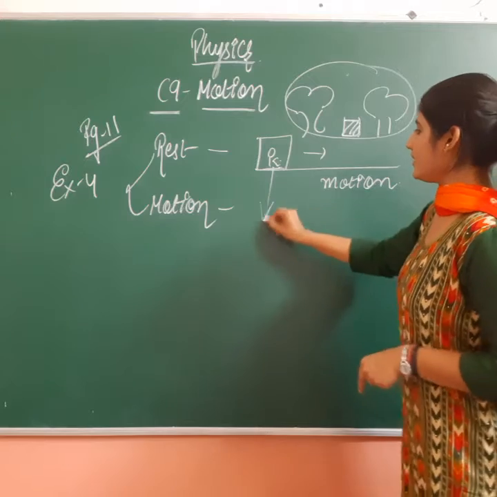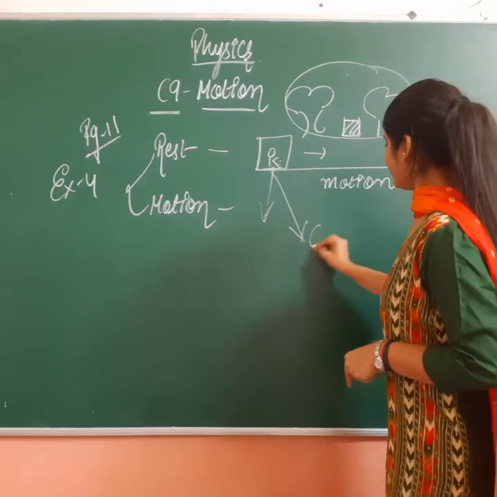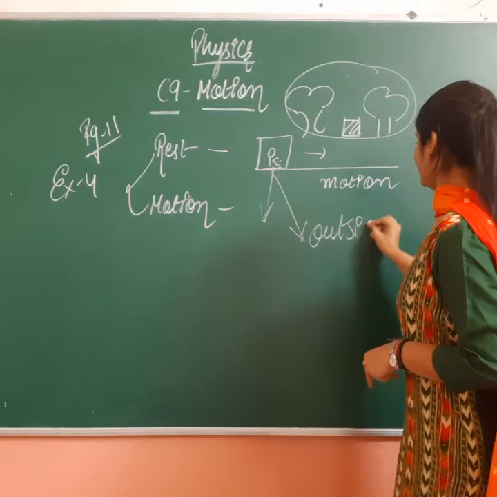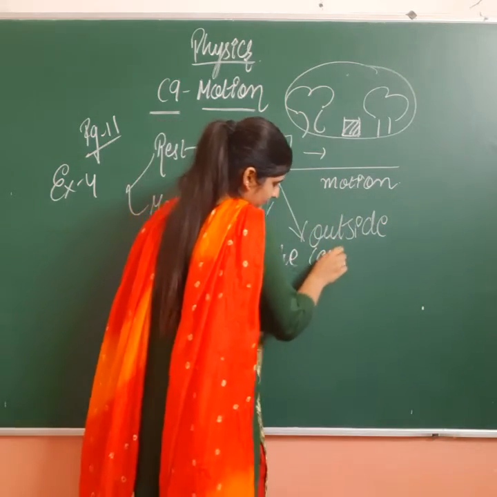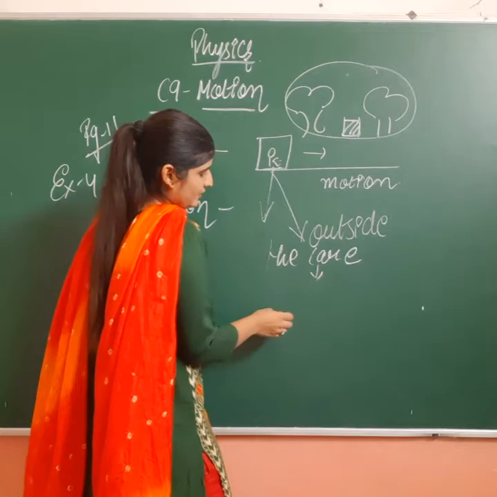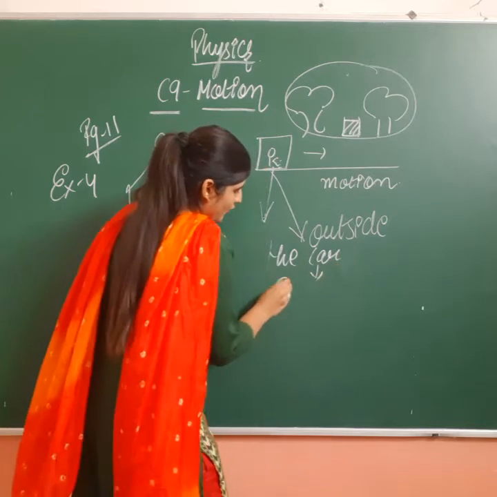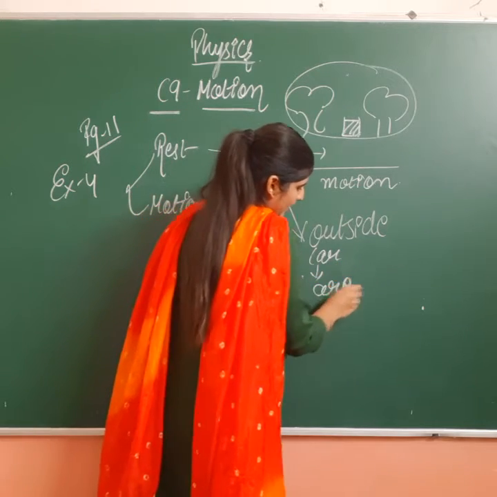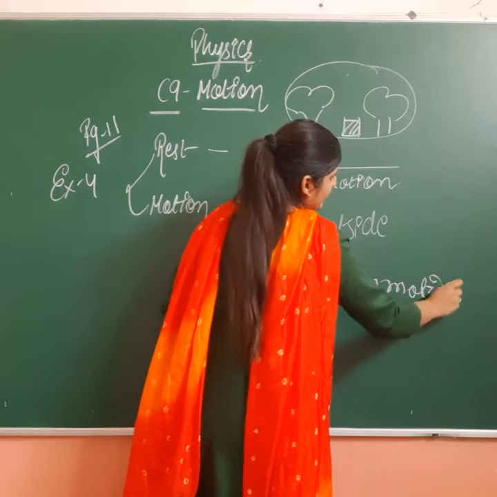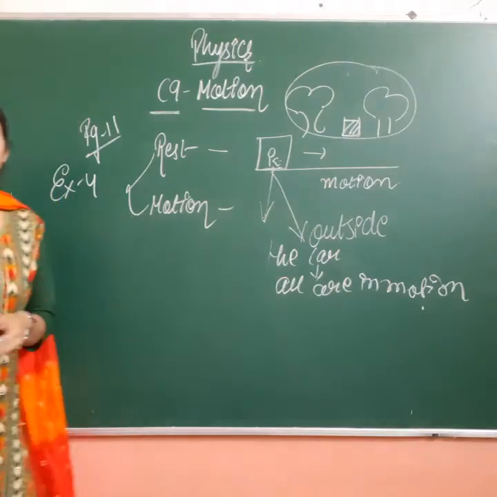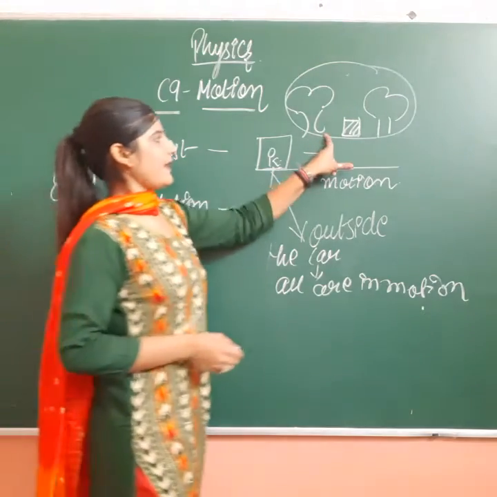अगर इस observer की बात करें, so outside जो है, outside the car, all are in motion. So if we talk about outside the car, all the things are in motion.